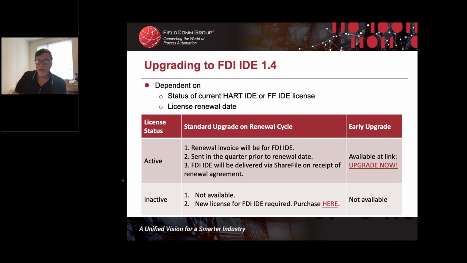So first of all, if you have an active license, then you will be getting a renewal invoice in the quarter before your license renews. And in that renewal will be an invoice for the new FDI IDE. Let's just make that easy to understand.